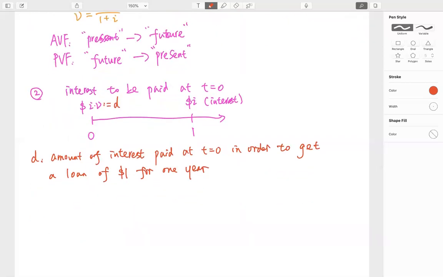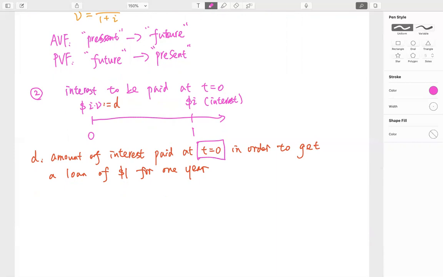So if you want to borrow $1 for 1 year, the cost to you at time 0. So the most important thing is this is the cost at time 0, and that cost is D, the discount.